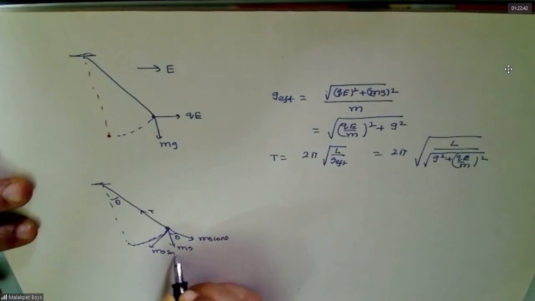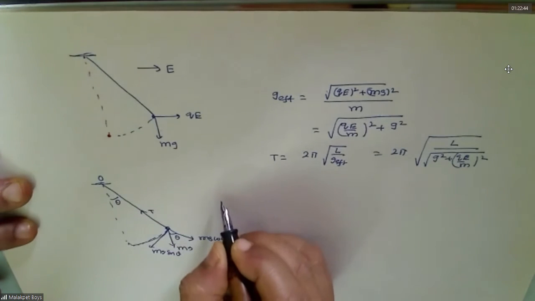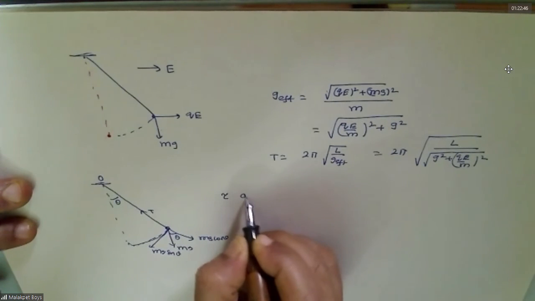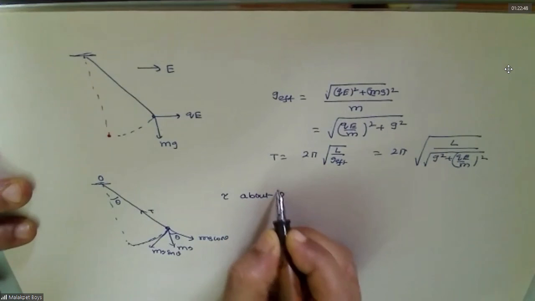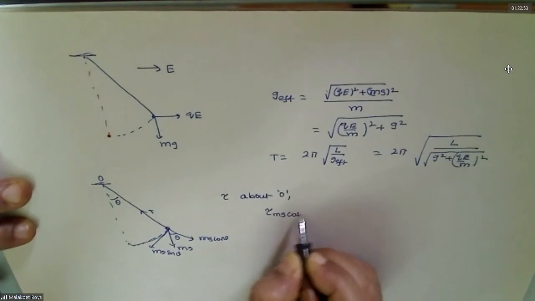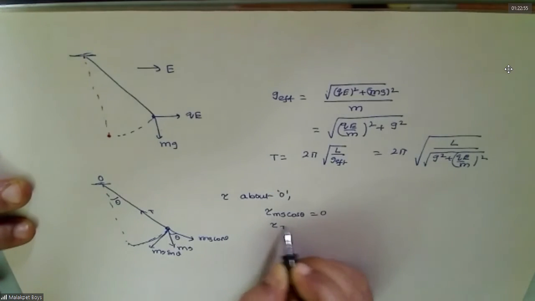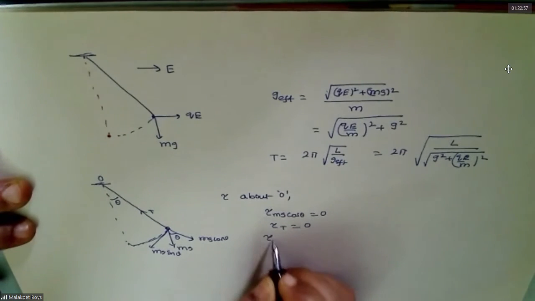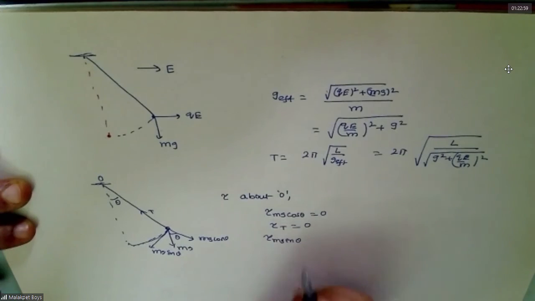Remember this? Torque about O, if you take, due to this, it will be... the problem is you did not read all this. So you have only torque due to mg sin theta now.